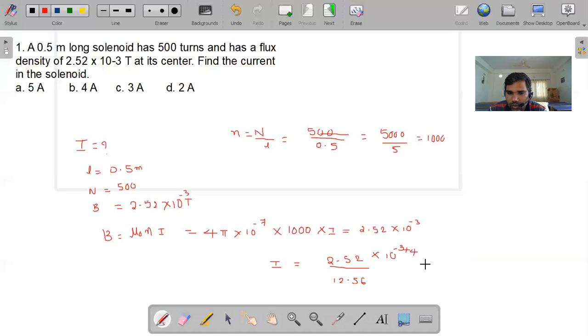So if you simplify now, 252 by 1256 into 10 power 1, you will be getting approximately 2 ampere. So the answer is 2 ampere. This is the right option.